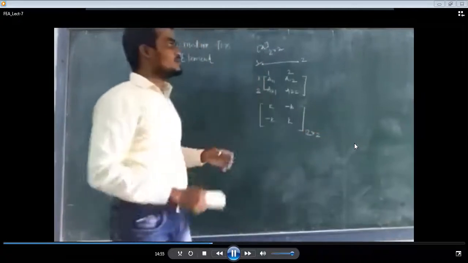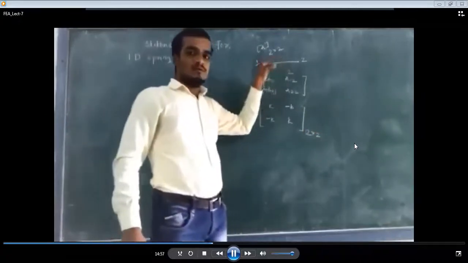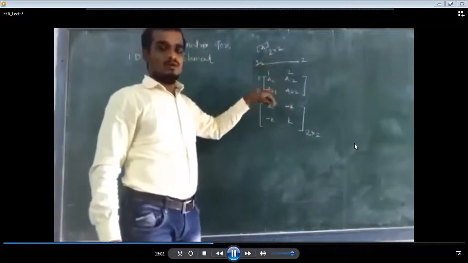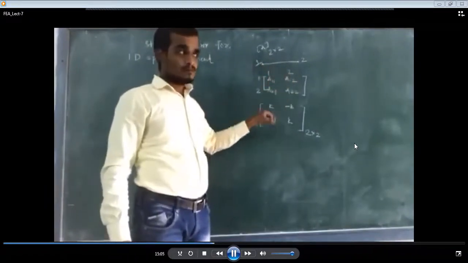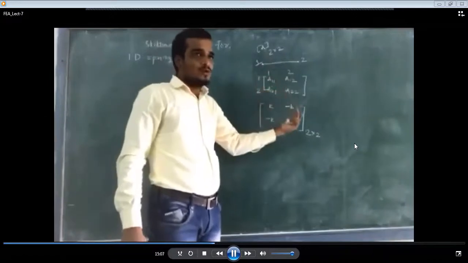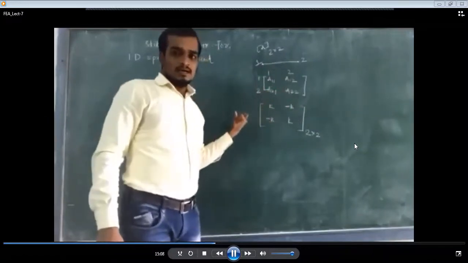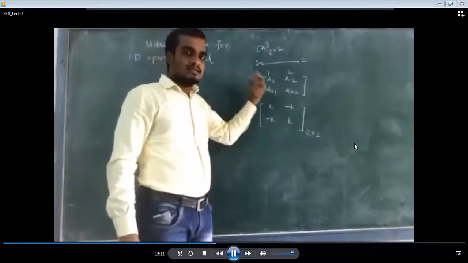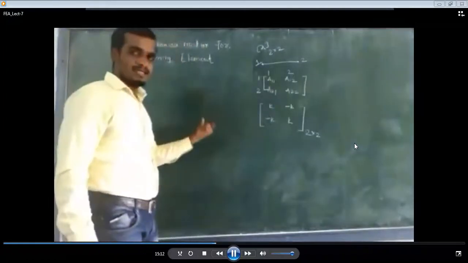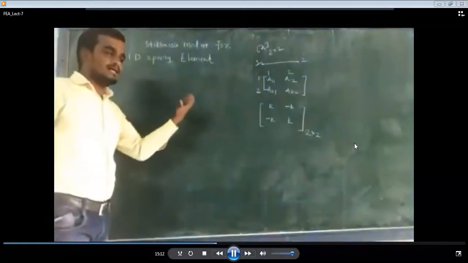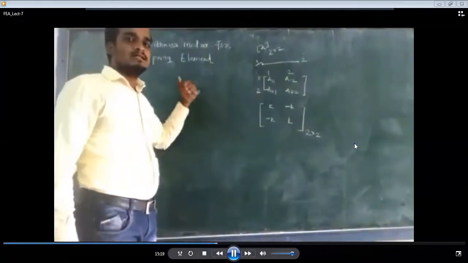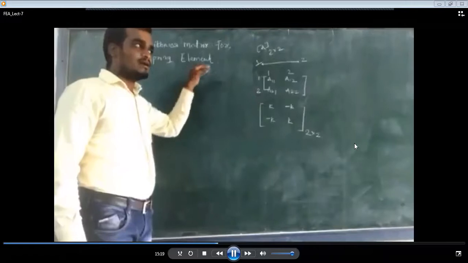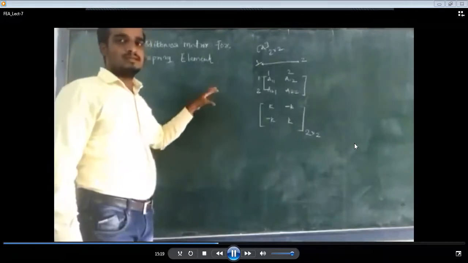If there is only one element, then the number of nodes is equal to 2, then the order of your stiffness matrix will become 2 by 2. But if the number of nodes is increased, meaning if the number of elements is increased, then what will be the global stiffness matrix? Now we will construct our global stiffness matrix for two elements.